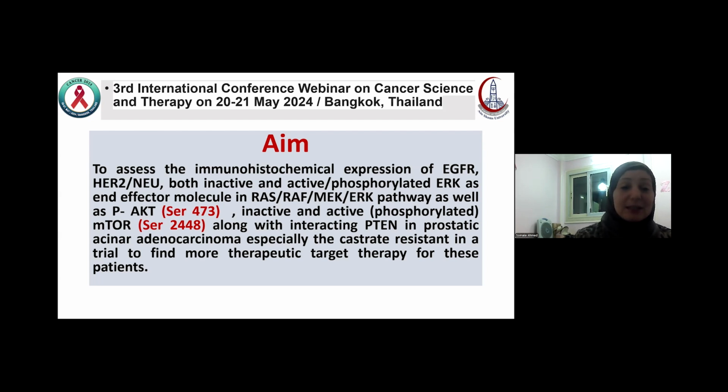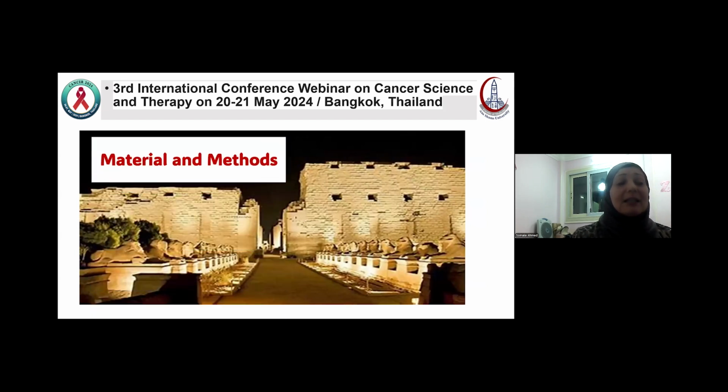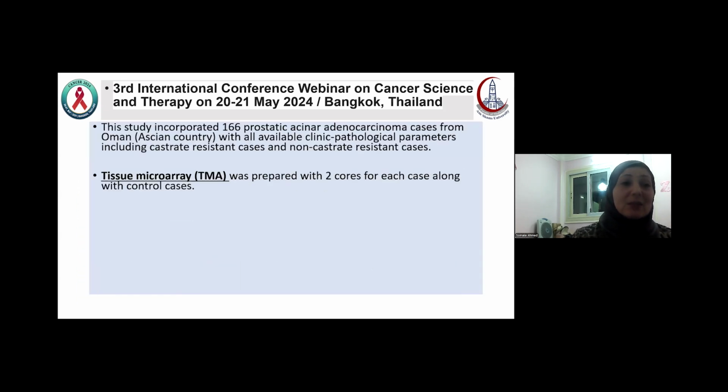As I said, PTEN is a tumor suppressor gene, so once it's lost, this means cell proliferation. And we want to correlate this with the clinicopathological parameters of the patient, especially castrate-resistant prostate cases, because these patients need a definite new targeted therapy that they can benefit from. For the material and method, we collected 166 cases of prostatic acinar adenocarcinoma.